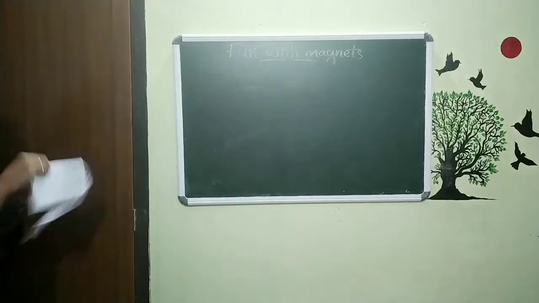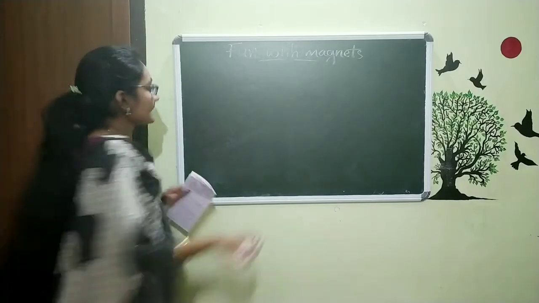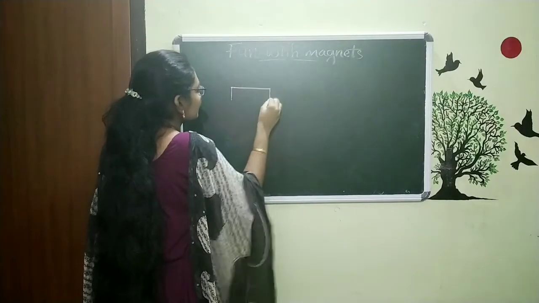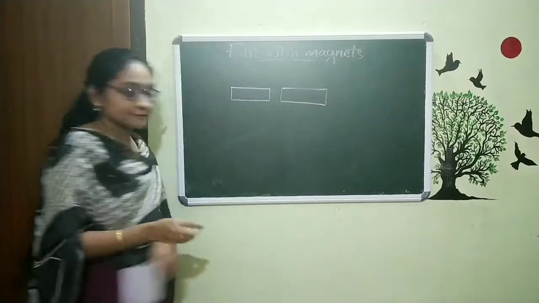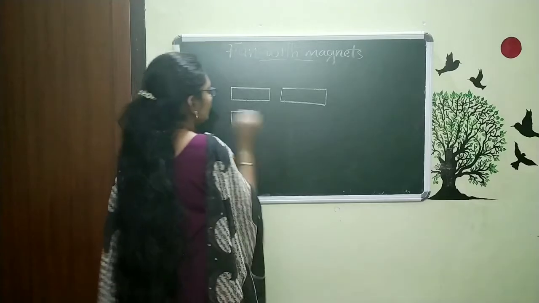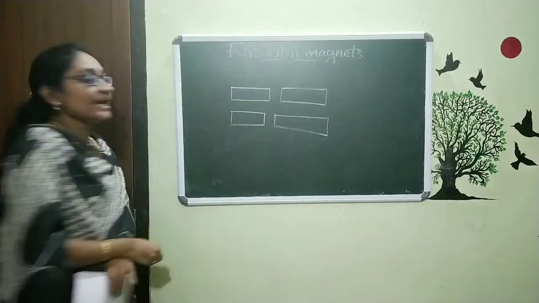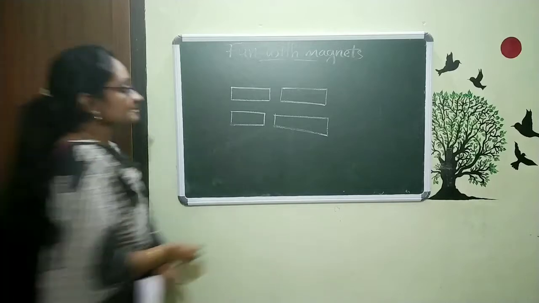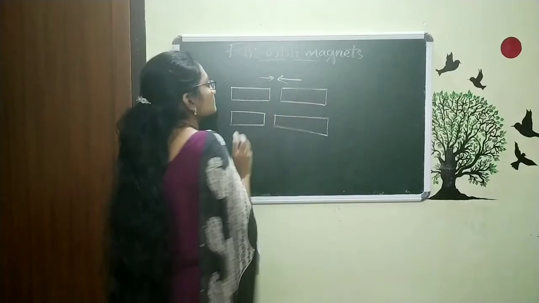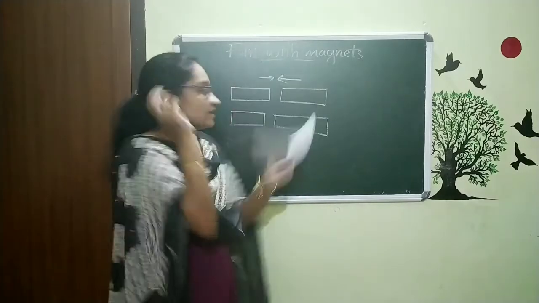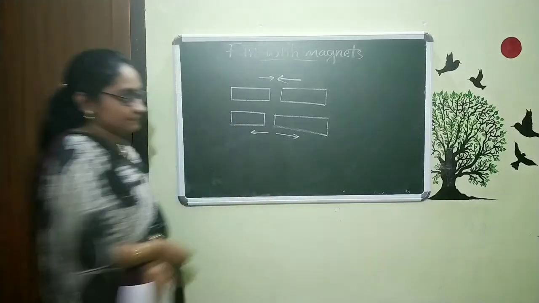Now we are going to deal with the last topic in this chapter. That is, we are just taking two magnets together, again two magnets, and in some cases you just see that these two are getting attached, and in some cases you can see this is moving away.